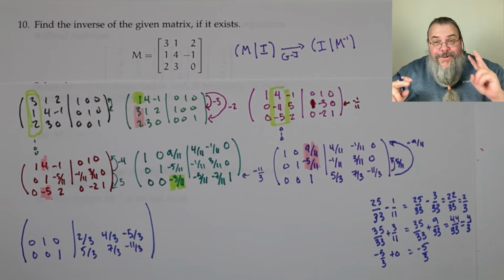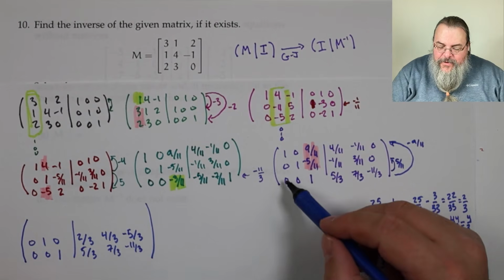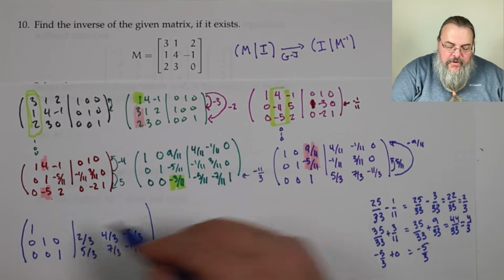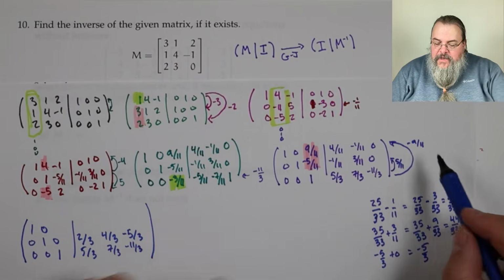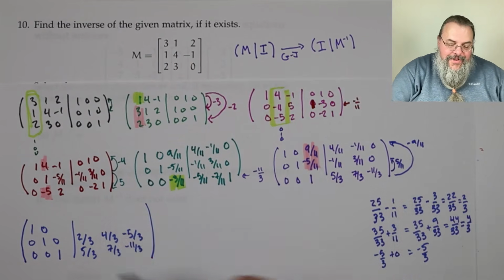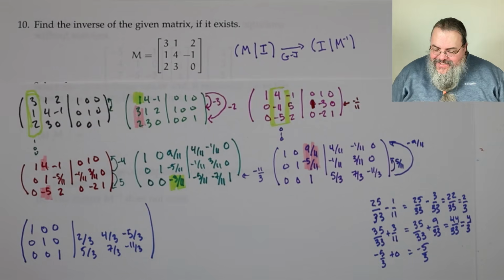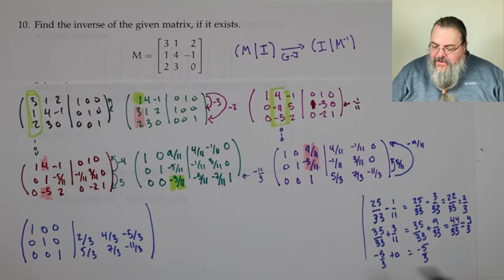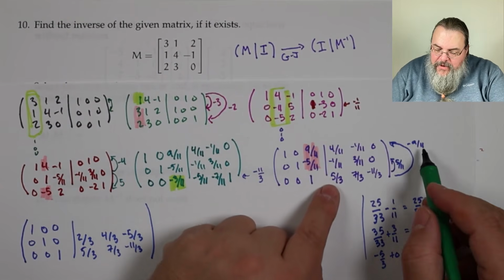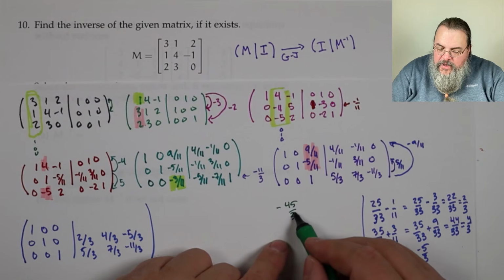All right, 2 rows down, 1 row to go. We're almost there. Okay, first row, 0 plus 1, 1. 0 plus 0, 0. Negative 9 elevenths plus 9 elevenths makes 0. Yes. Okay, so let's now carefully work this out. We have minus 45 over 33, right?